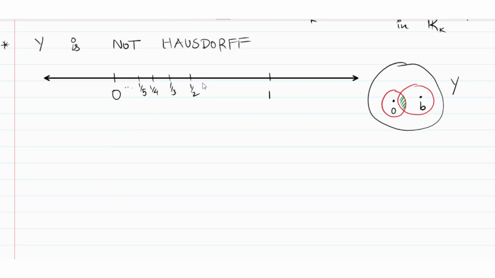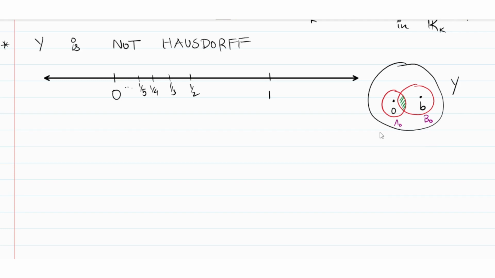Now I know that any open set around 0, let us call that A, and around b, B. Or let's take some open sets A0 and B0.